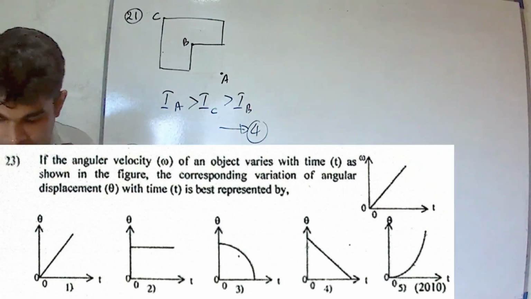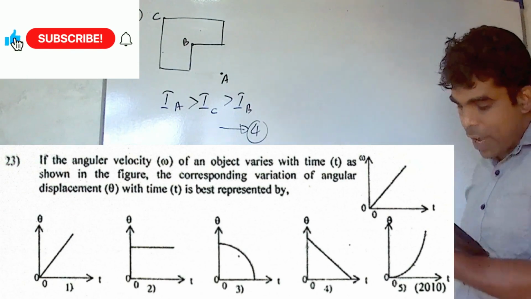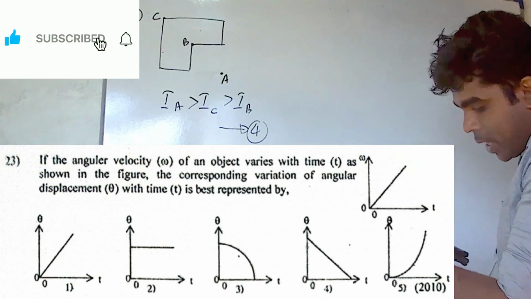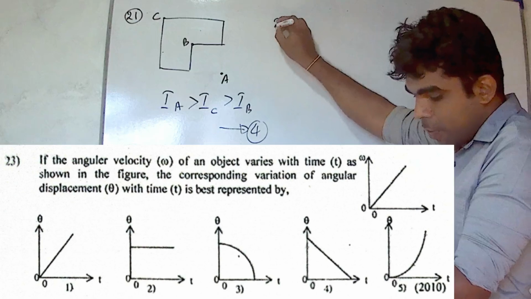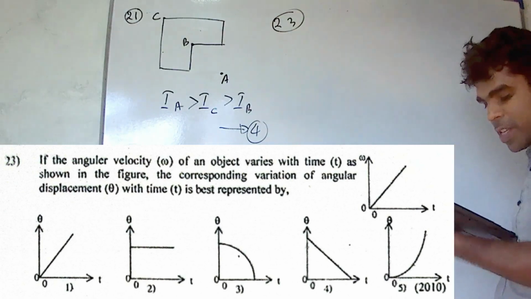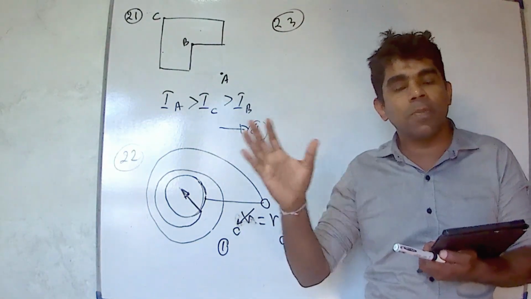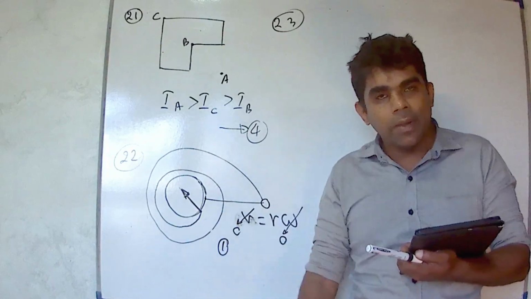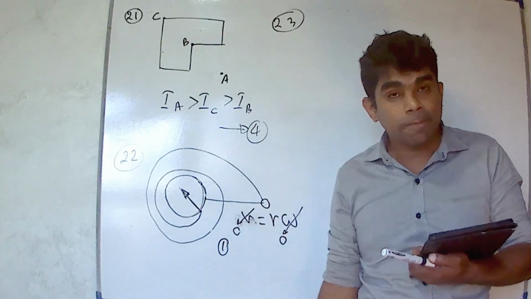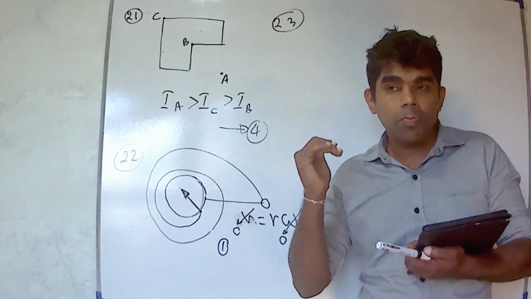In question number 23, if the angular velocity of an object varies with time as shown in the figure, the corresponding variation of angular displacement theta with time is best represented by? We know that the gradient of the angular displacement time graph represents angular velocity.